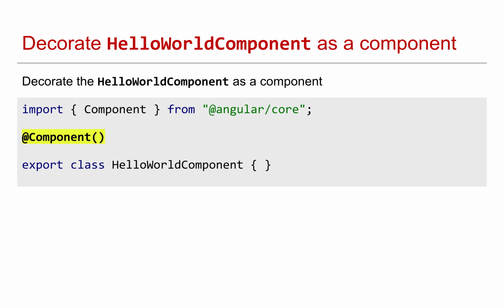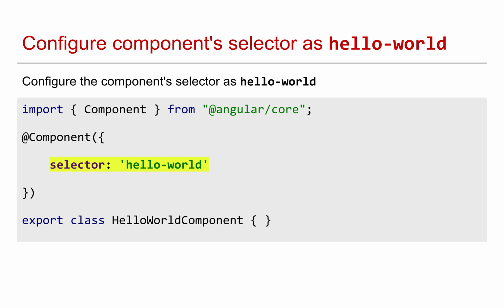We're decorating it. And with this decorator, we can configure certain things. For instance, we can configure what the tag is that we want to use to render this on an HTML page. In React, the file name was based off the name of the class, which gave you the name of the tag, which you can override.